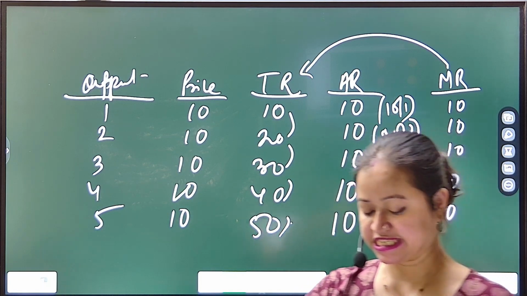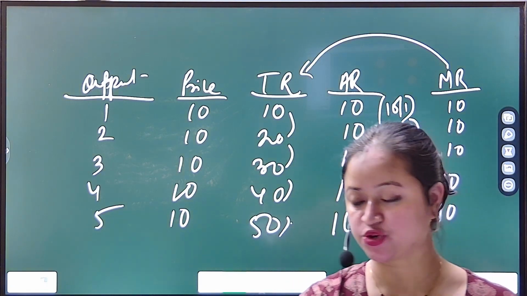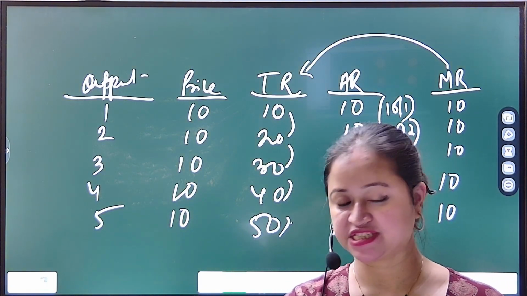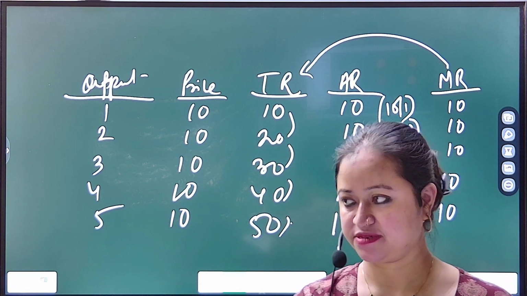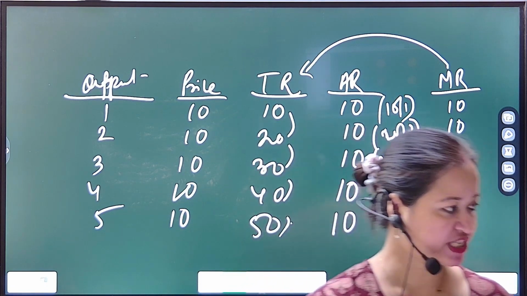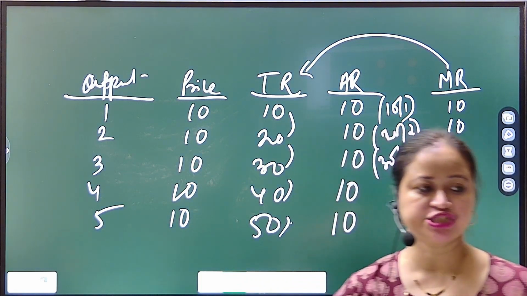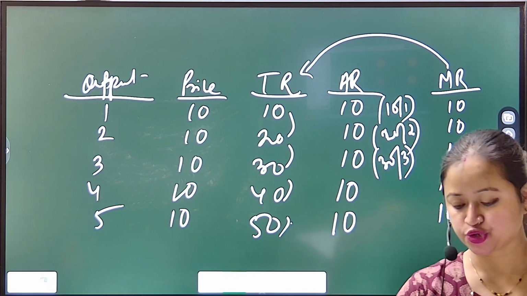So on page number 65, we can see that in a perfect competition market, the price is constant as the goods are homogeneous. I have already taught you what a perfect competition market is. Here they are selling homogeneous products, so the price is constant.